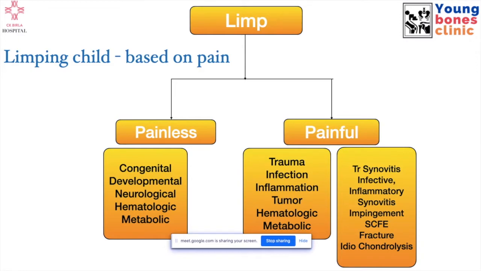Painful ones are mostly trauma, infection, inflammation, tumor, hematologic and metabolic. Transient synovitis of the hip is again a cause of a painful hip, painful limb. Others are infective causes, inflammatory synovitis, any cause of hip impingement, slipped capital femoral epiphysis, any kind of fractures, or idiopathic chondrolysis of the hip. We will actually see cases, x-rays and the child, then you'll understand.